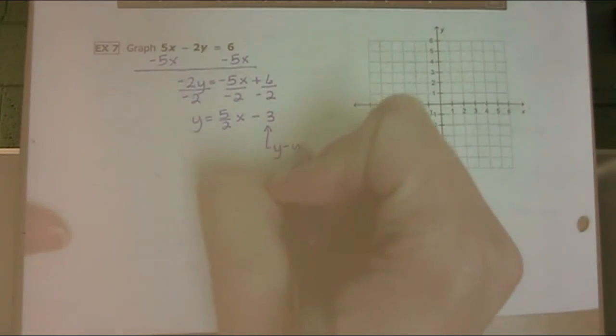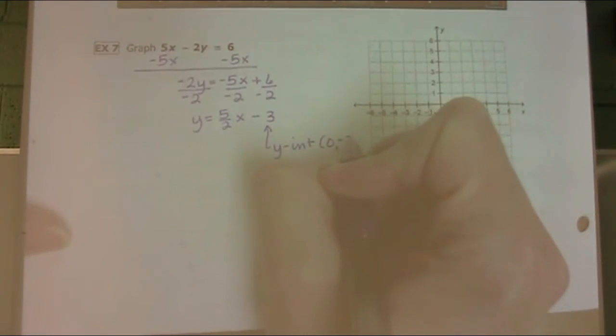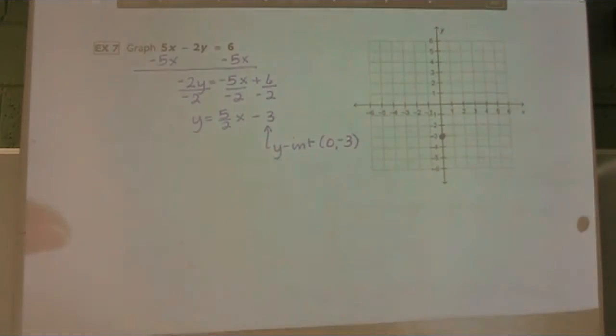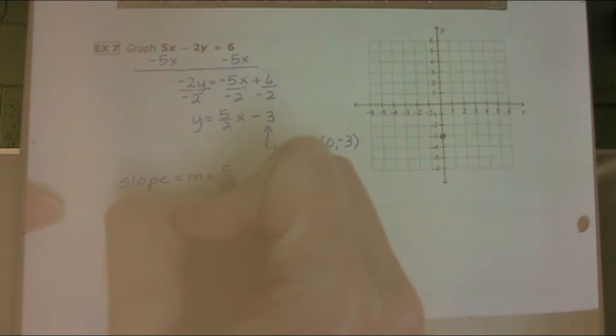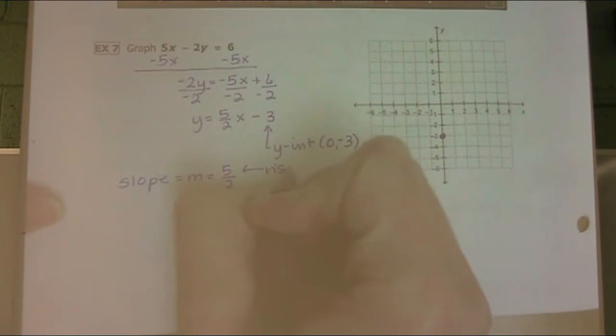So the first thing, this tells me that my y-intercept is 0, negative 3. So I'm going to graph that. Now my slope m is 5/2. Remember, the 5 is the rise, the 2 is the run.